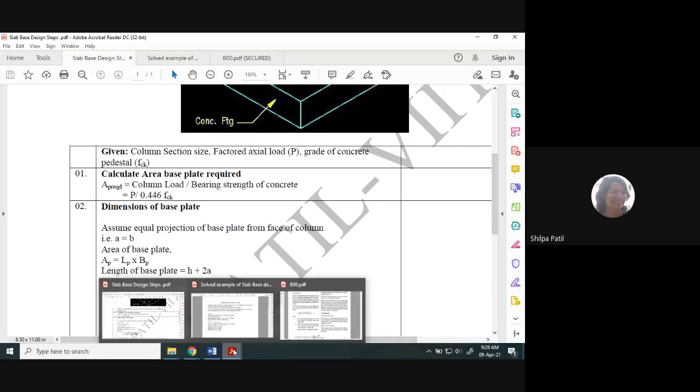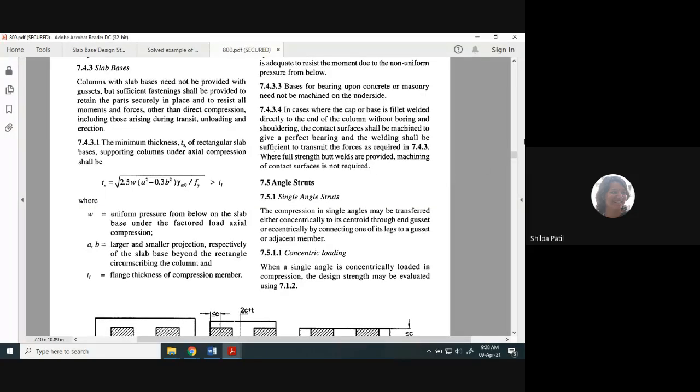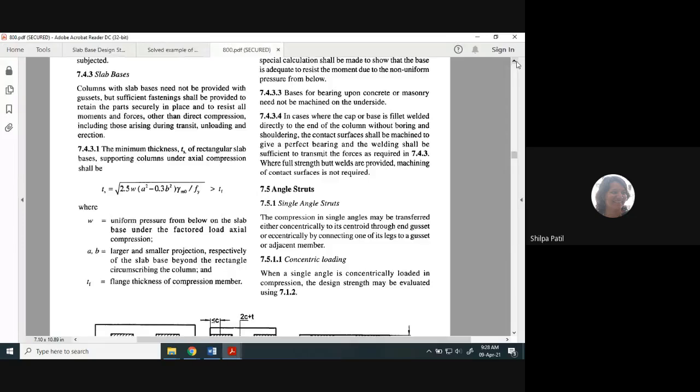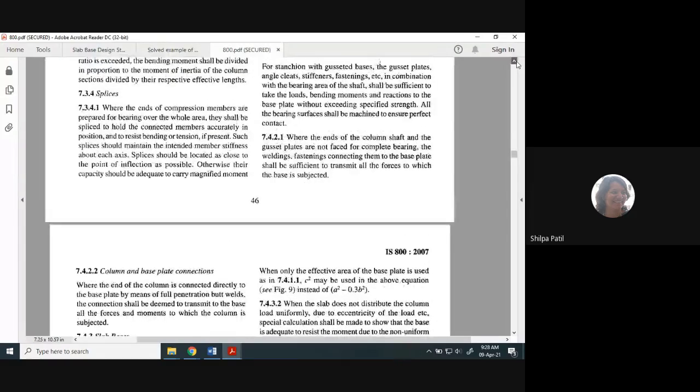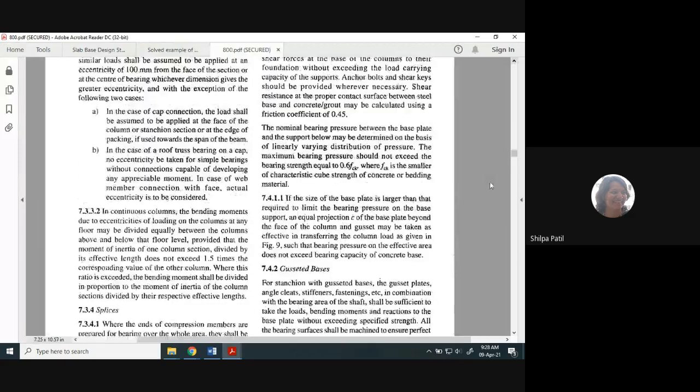But if you consider the steps given in IS 800, I will just go to the same page again. See here, they have clearly mentioned the projection. I will just read that clause.